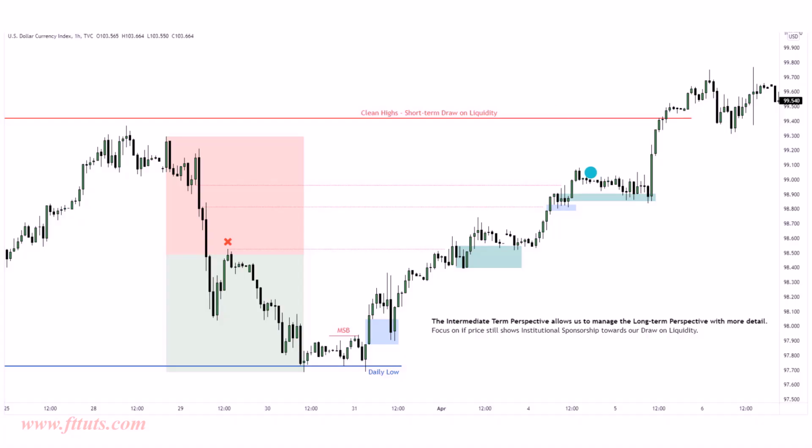So institutional sponsorship again is supports holding, resistance breaking. We want to see that continue bullishly if we have a bullish level from the long-term perspective here. So imbalance here. Does it remain bullish? Yes. Down close candles. Does it remain bullish? Yes.